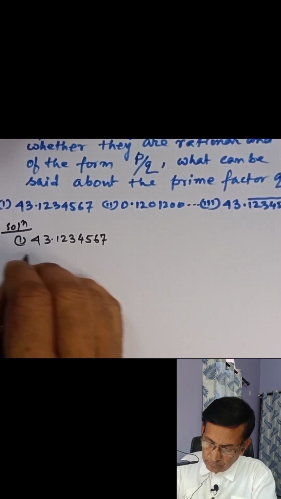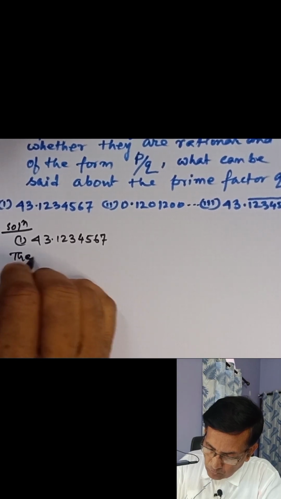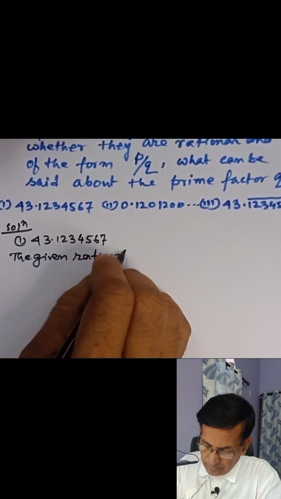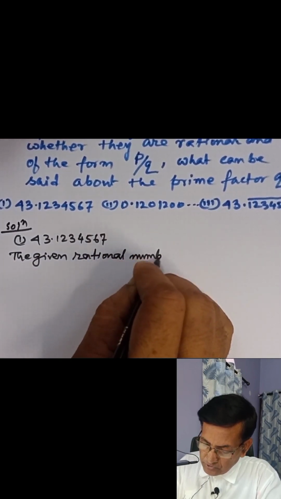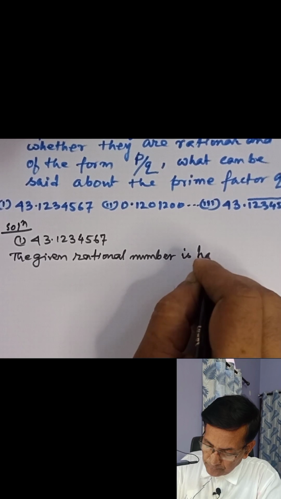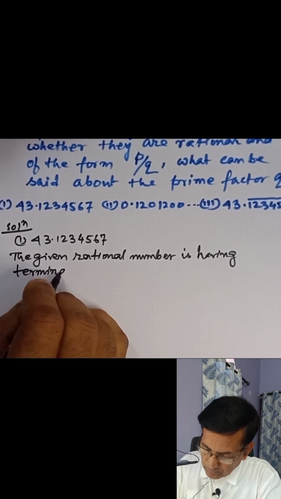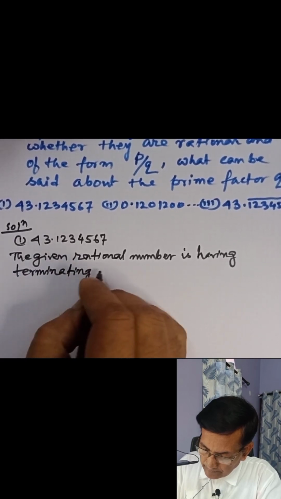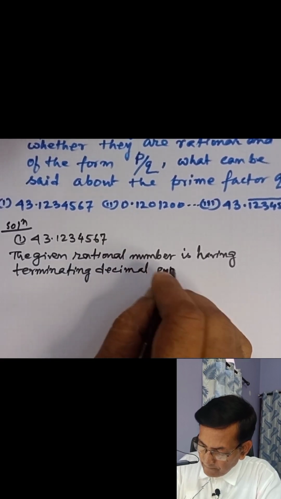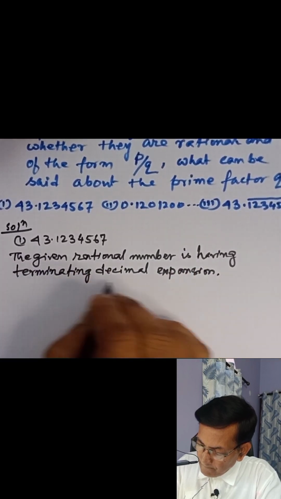So we can conclude the given rational number has a terminating decimal expansion.